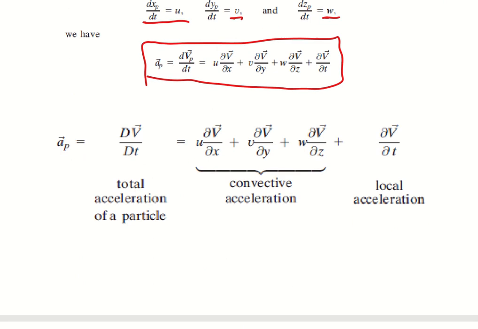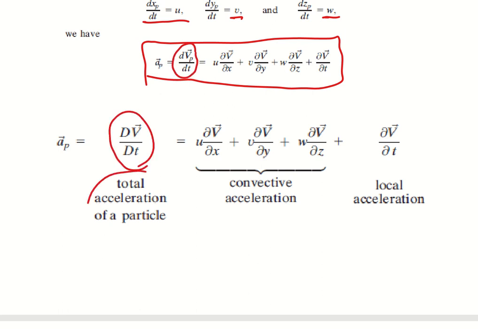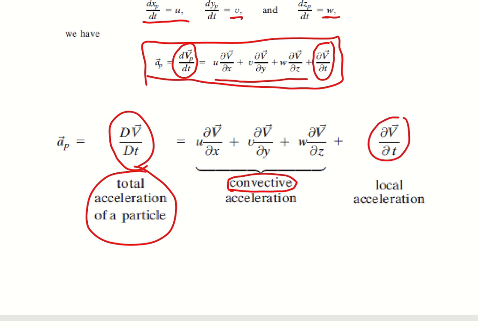If we observe the right hand side of the equation, then these three terms look the same, and these are coming due to flux in x direction, y direction, z direction. So this is called convective acceleration, and this term is called local acceleration at that point.